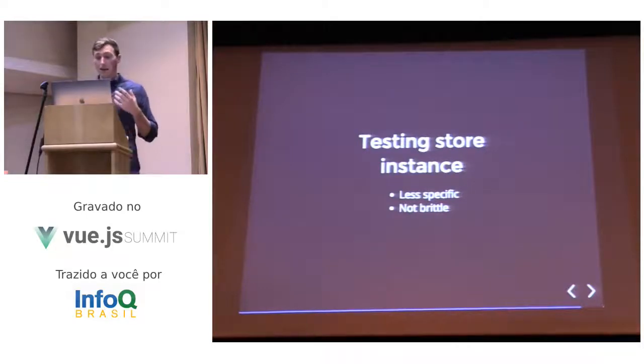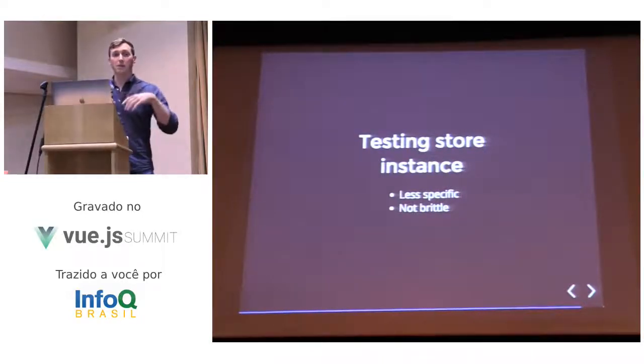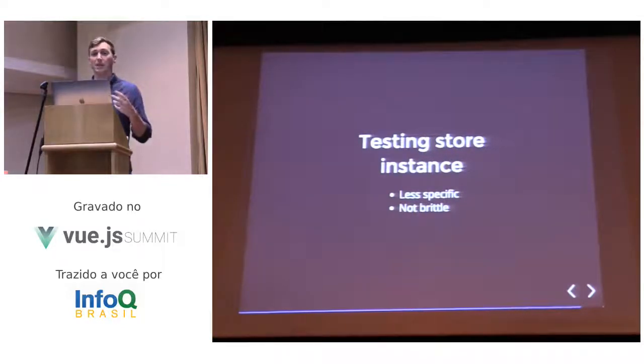So the benefit of testing a store instance is that the test isn't brittle, right? So we're free to refactor the internals of the store. And like I said earlier, if you have a flow where maybe an action dispatches lots of other actions in response to an initial call, it could be really useful to not have to write tests for each of those parts and just to test the input and the output of the store, because then you're free to refactor without rewriting your tests.